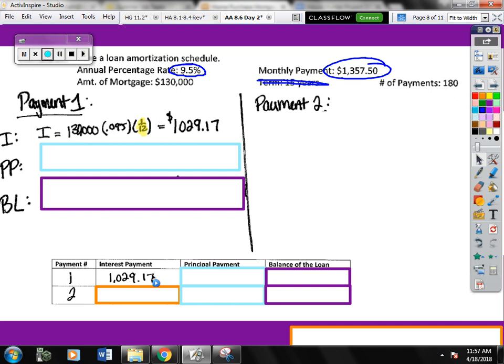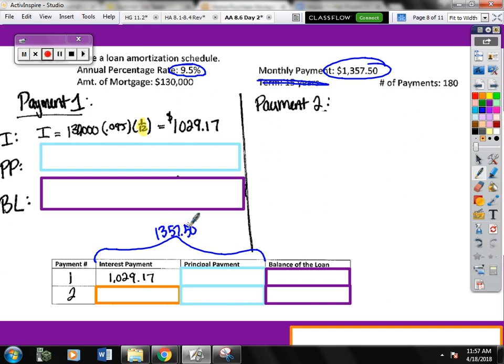Now we need to calculate our principal payments. So our principal payment, remember that these two columns have to add up to our monthly payment, which is $1,357.50.